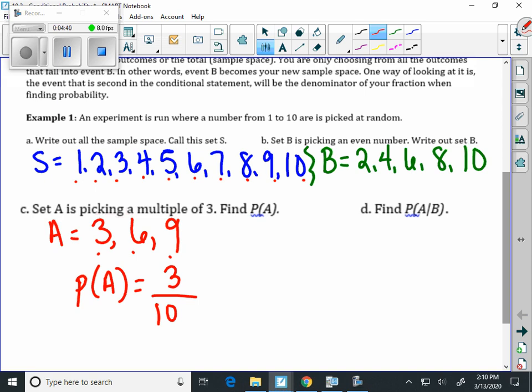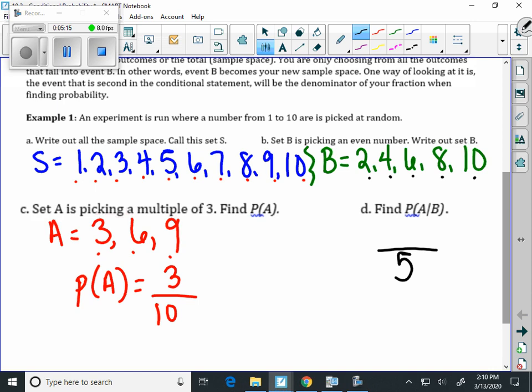But here's the conditional, finally, on part B. It says find the probability of A given B. That's what that statement says. So first of all, when we write this, our denominator is going to be set B, the second one. Event B becomes your new sample space, so we're going to put 5 as our denominator.